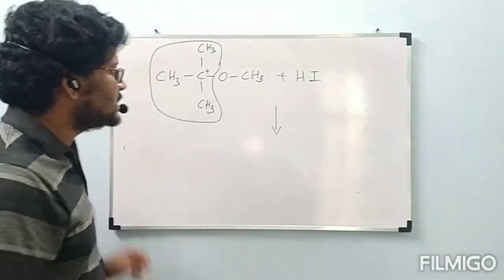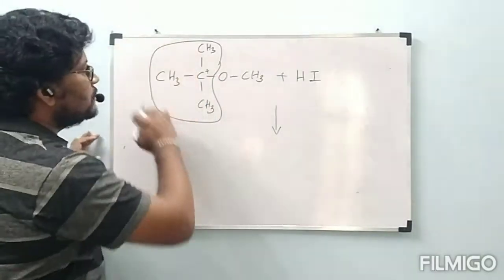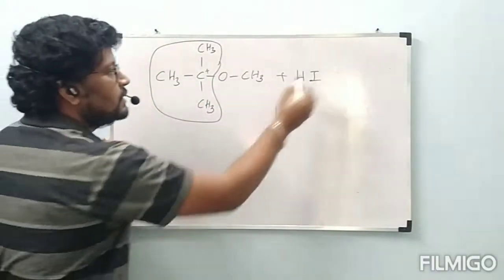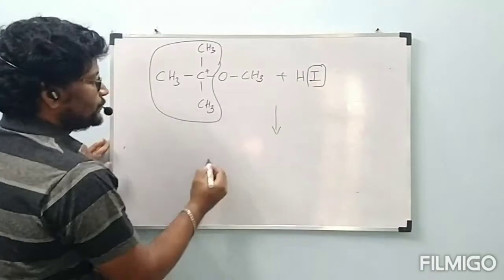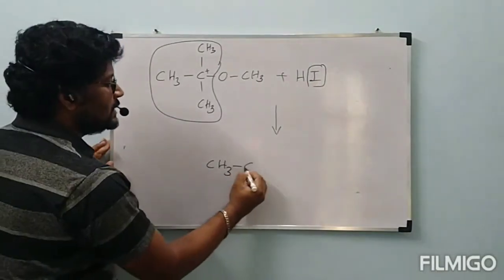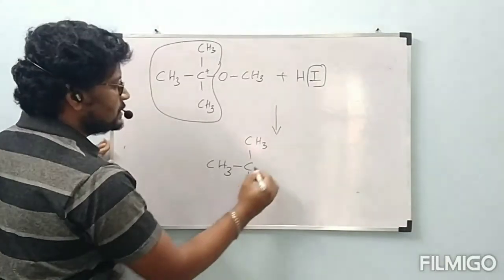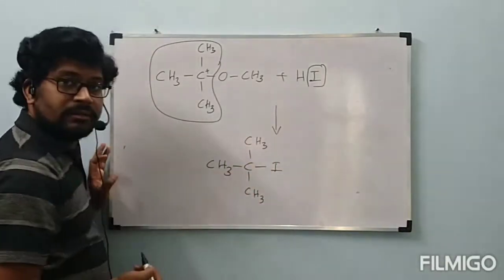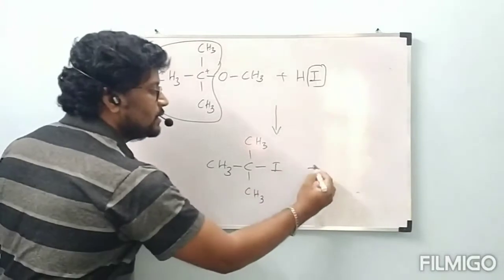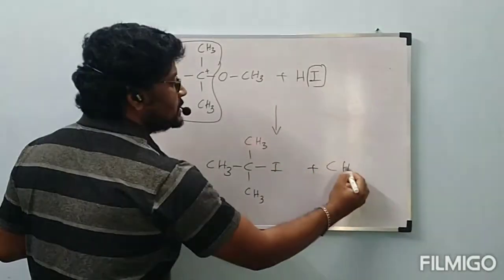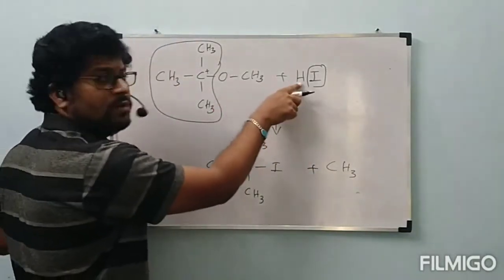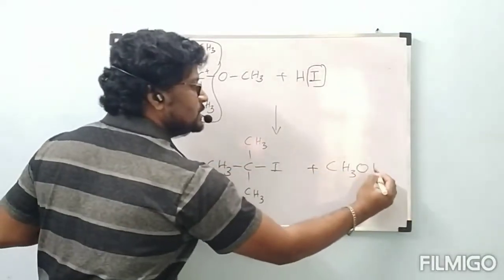Now let us see the products. This reacts with iodine, and we will get (CH3)3C-I plus the remaining substance CH3OH.